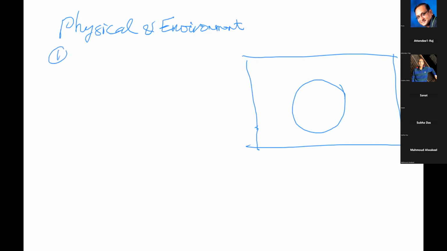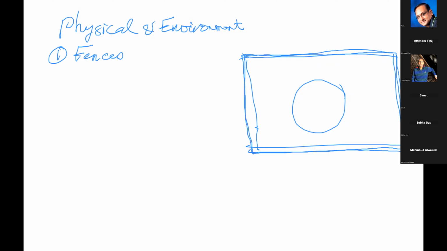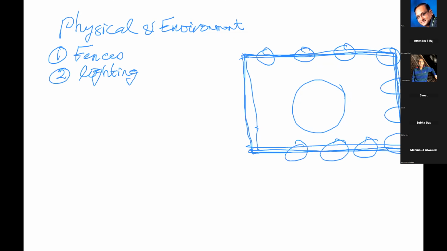Number one, of course, fences. You must have fences around the data center. Fences will be very important, and according to the standards, it must be 2 meters in height, I think. You must have lighting around the building, because the lights will be considered as a deterrent, or will minimize the effect of any attack.